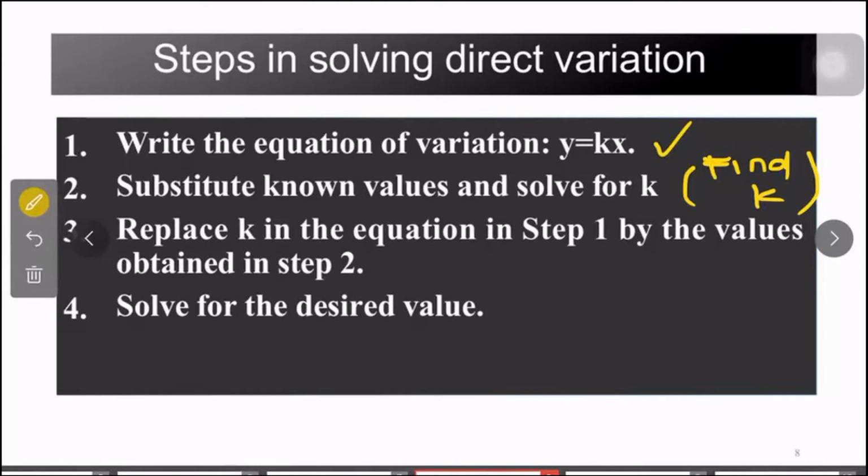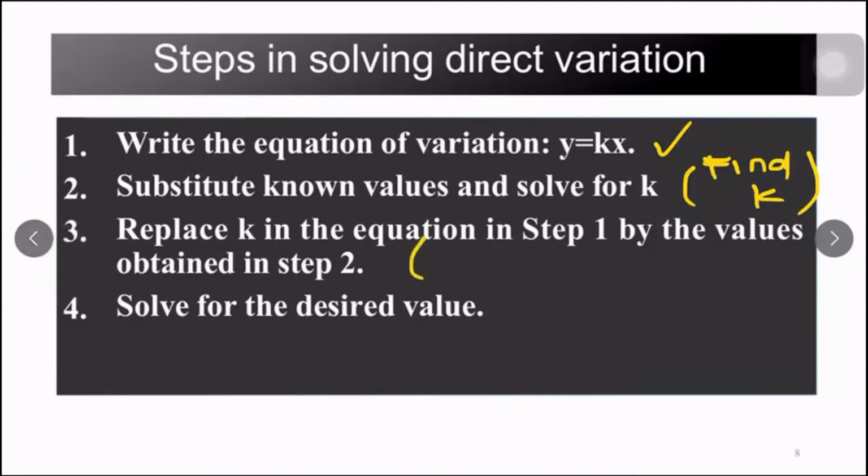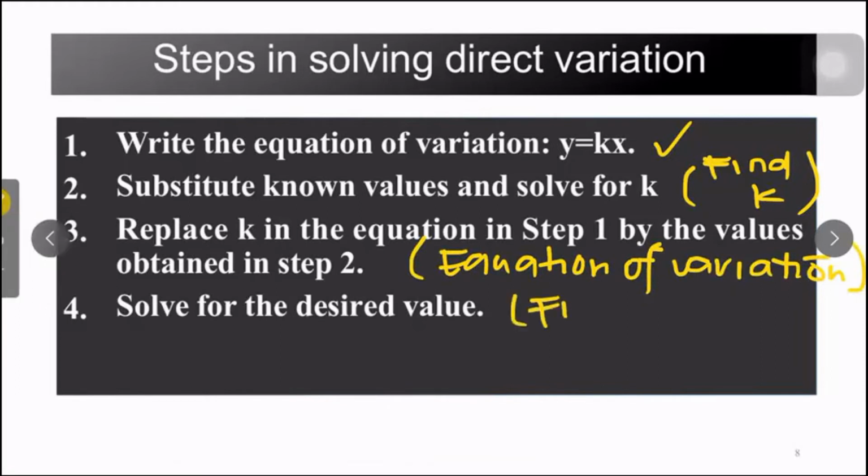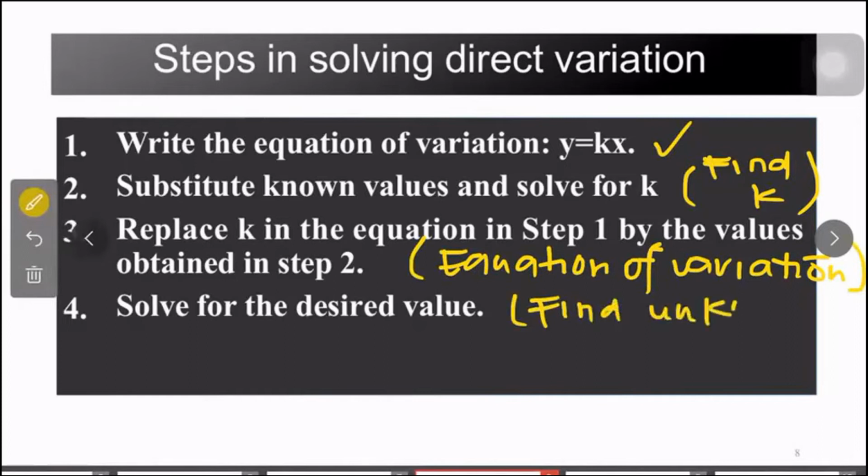So simply, ang gagawin lang po natin dito is we need to acquire the equation of variation. So ayan lang po yung step number 3. And lastly, we will find the unknown for step number 4.